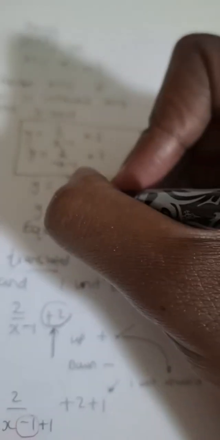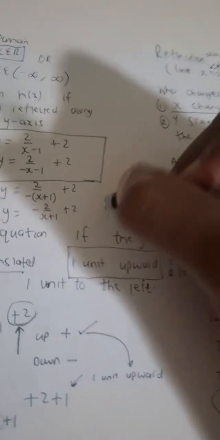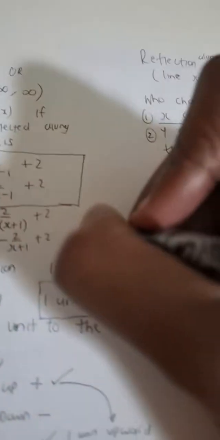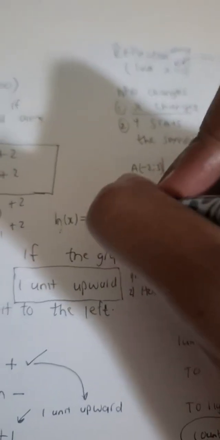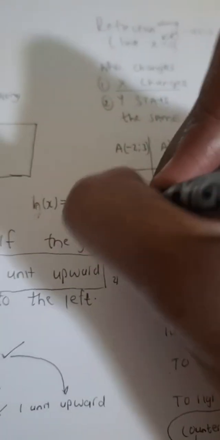So you say, what is a positive divided by a negative? That gives you y is equal to negative 2 over x plus 1, plus 2. That means h of x, the function we were supposed to write down, is equal to negative 2 over x plus 1, plus 2.